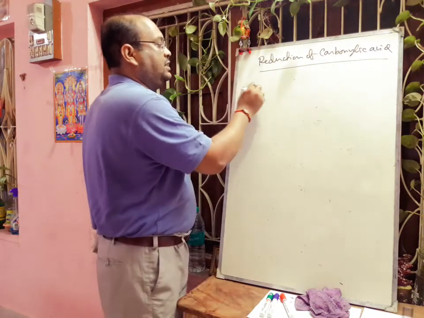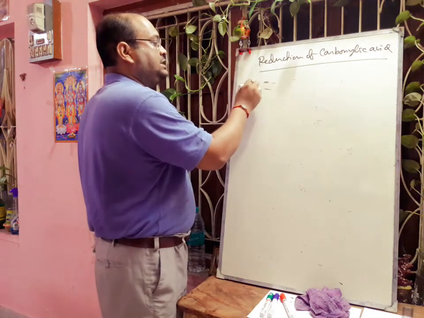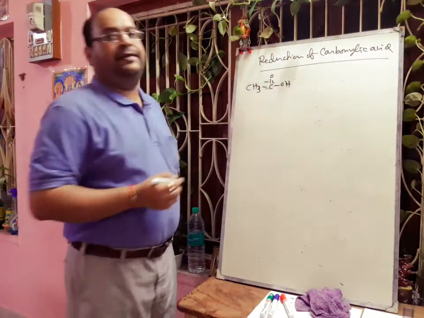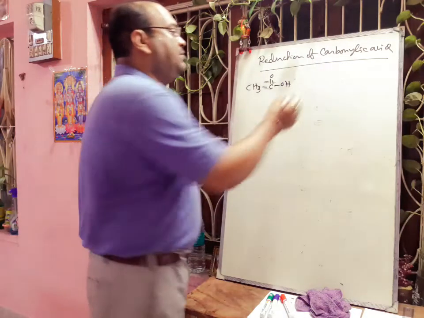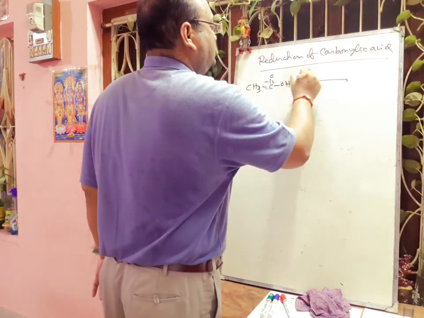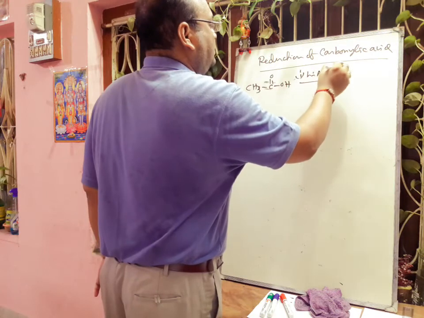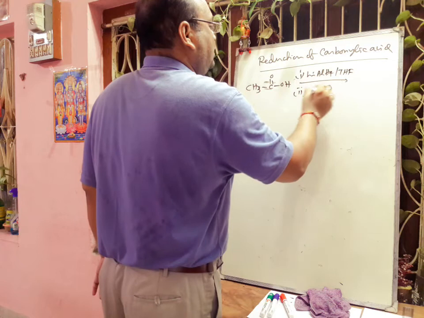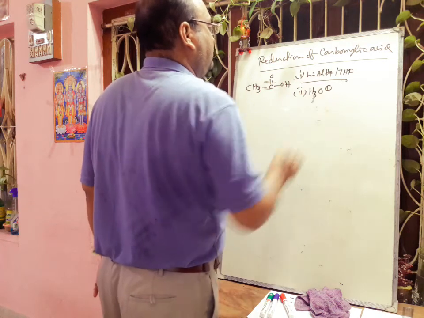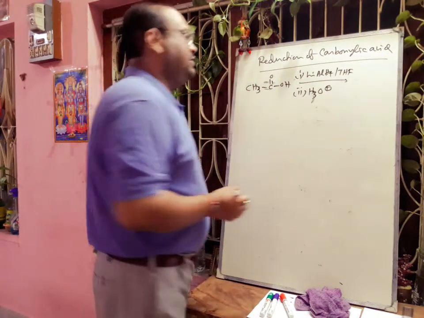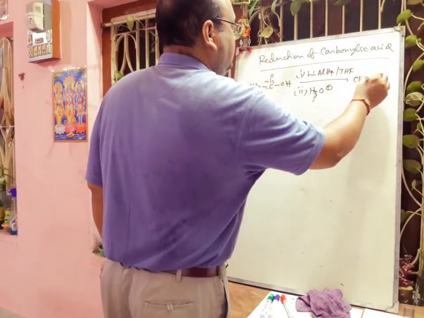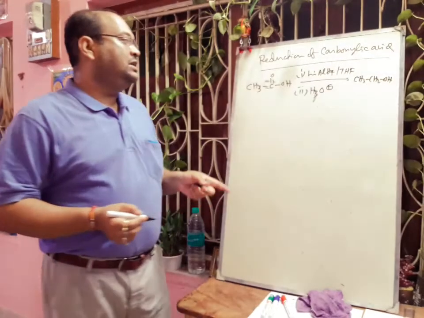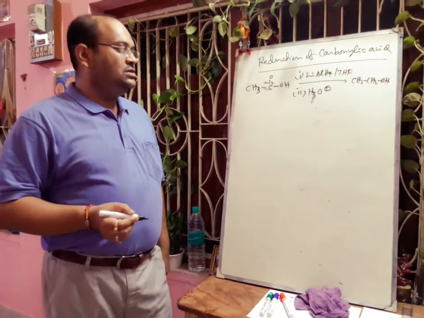If we take any carboxylic acid like CH3COOH, acetic acid, here we can give lithium aluminum hydride in tetrahydrofuran. Then in the second step we are doing workup by using acid, H3O plus. So here we will get the corresponding alcohol CH3CH2OH. Here lithium aluminum hydride is a hydride donor that will reduce the carboxylic acid to the corresponding alcohol.